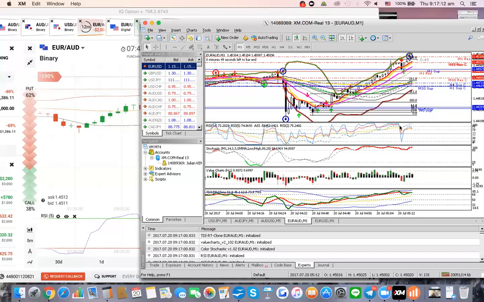You can see that the RSI is beginning to have a lot of divergence. So the downward move is coming. See the divergence setting up over here?